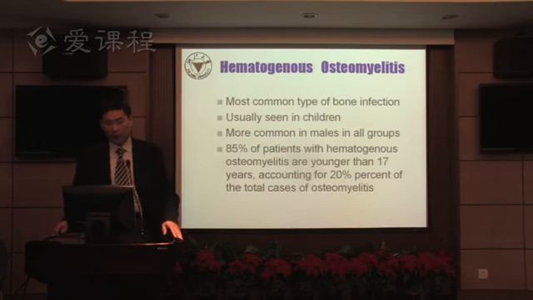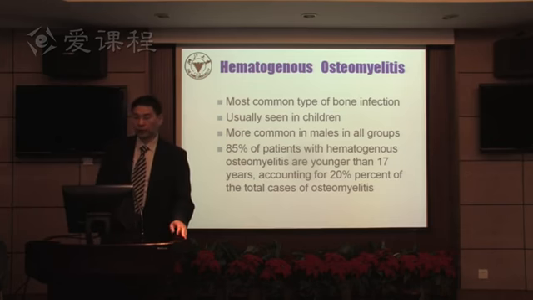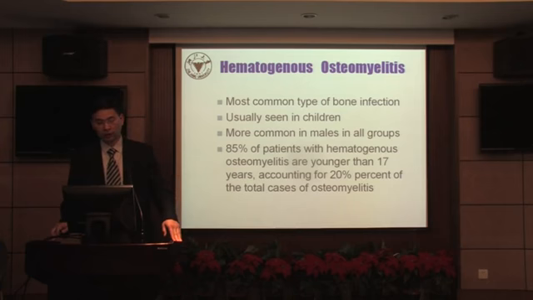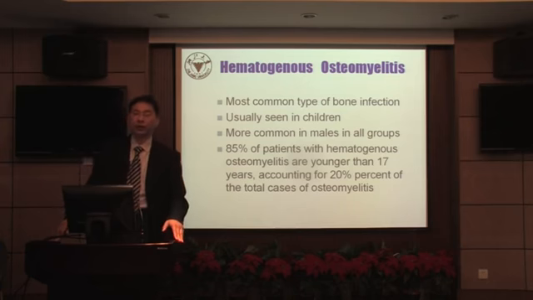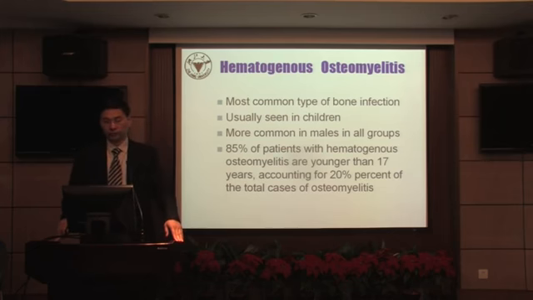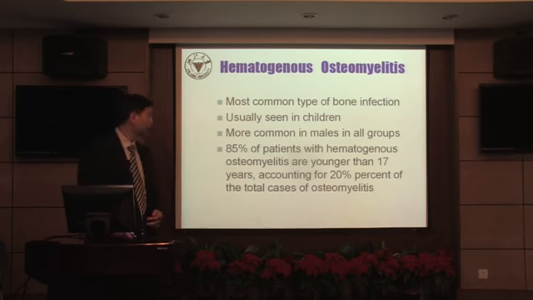And for hematogenous osteomyelitis, we know it is the most common type of bone infection. About 85% of patients with hematogenous osteomyelitis are younger than 7 years, accounting for 20% of the total cases of osteomyelitis.